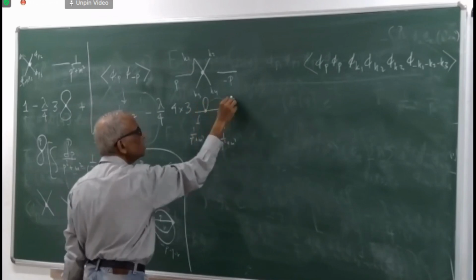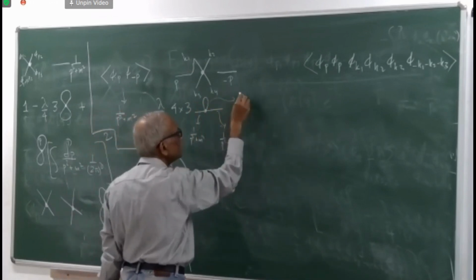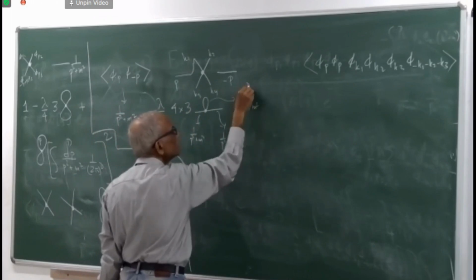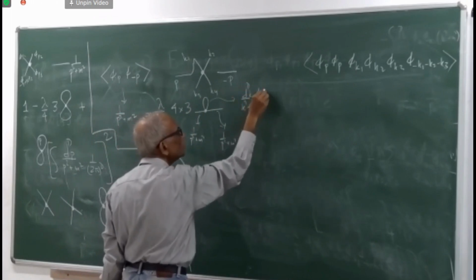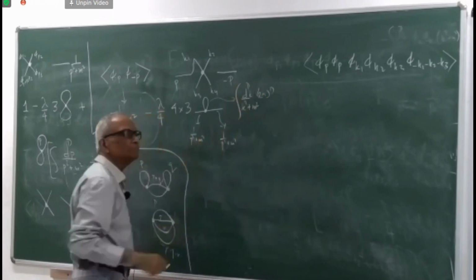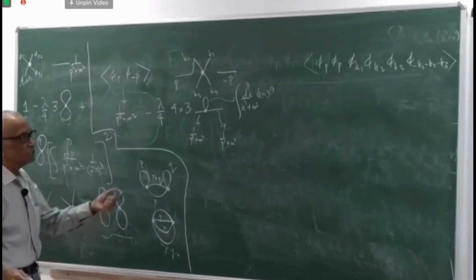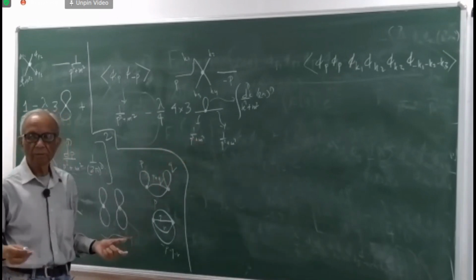And this is the integral of 1 over K square plus M square, d^dk over 2 pi to the d. Whenever there is a loop, there is an integral. An open line is just the propagator 1 over P square plus M square.